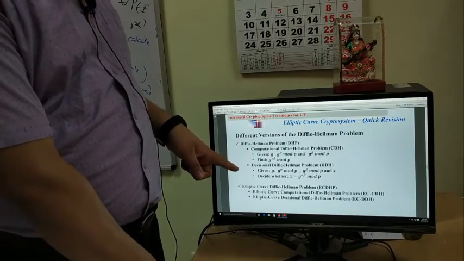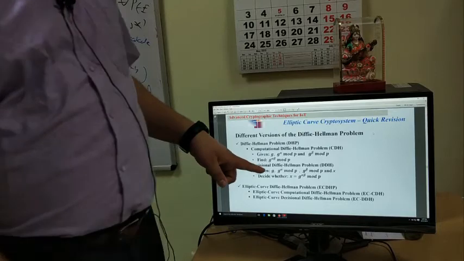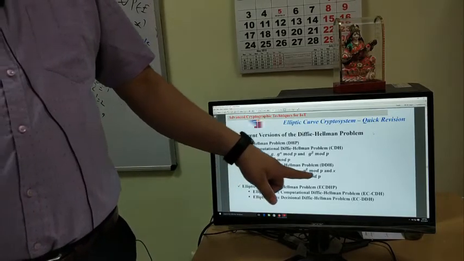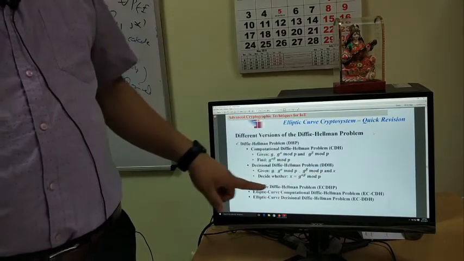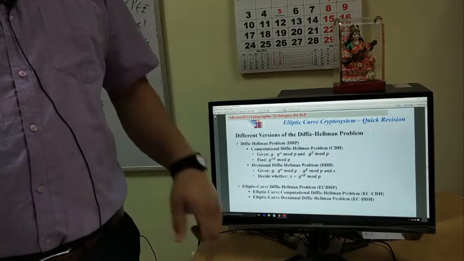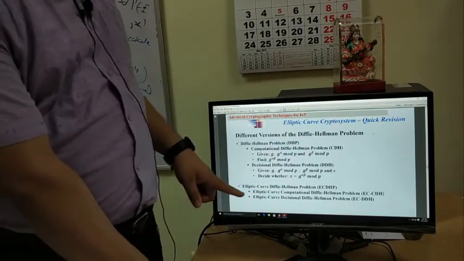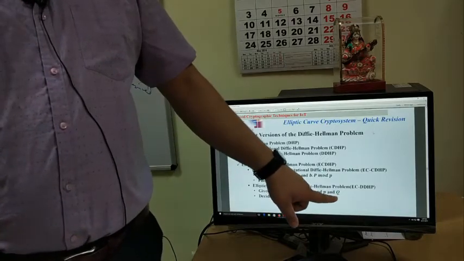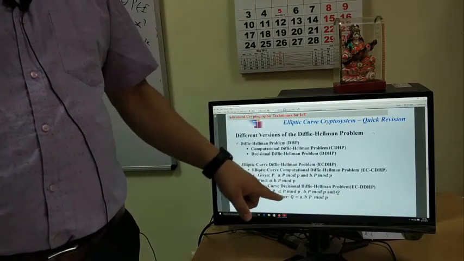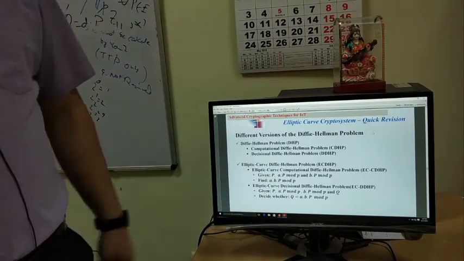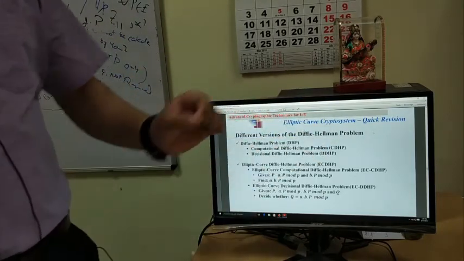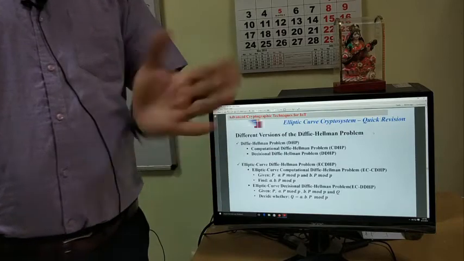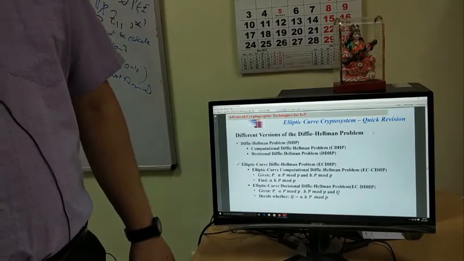So the problem statement is like this: given G power alpha, G power beta, and X, you have to check whether this X is equal to G power alpha beta or not. And in the elliptic curve domain, given P, AP, BP and some point Q, you have to check whether this Q is actually ABP or not. ABP actually is a point because A is also scalar, B is also scalar. So A into B is also a scalar, A into P is a point.